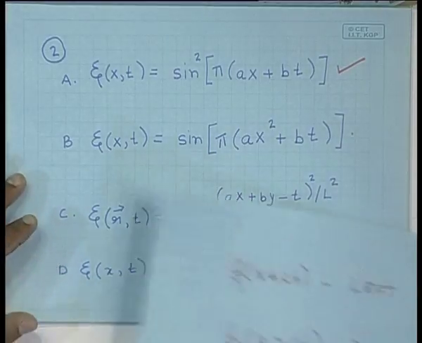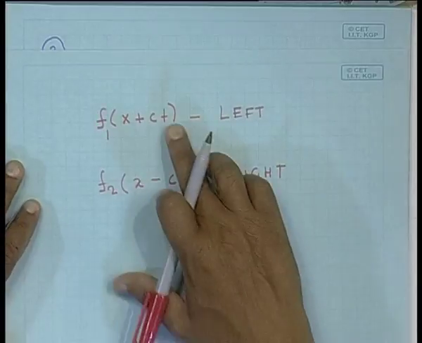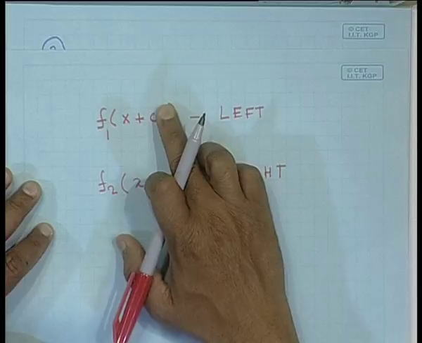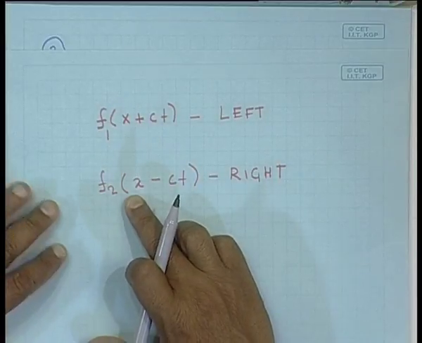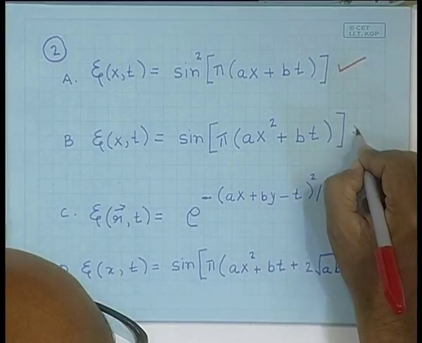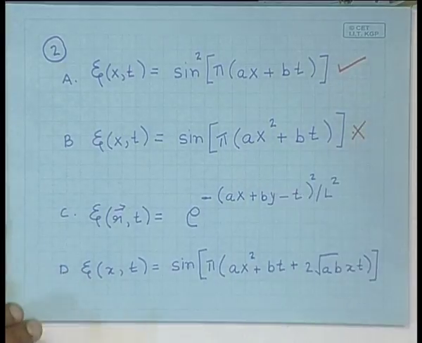Now, notice that ax square plus bt is neither this, it is not x, you cannot write it as x plus a constant into time, neither can you write it as x minus a constant into time. So, it is quite clear that this does not represent a travelling wave.